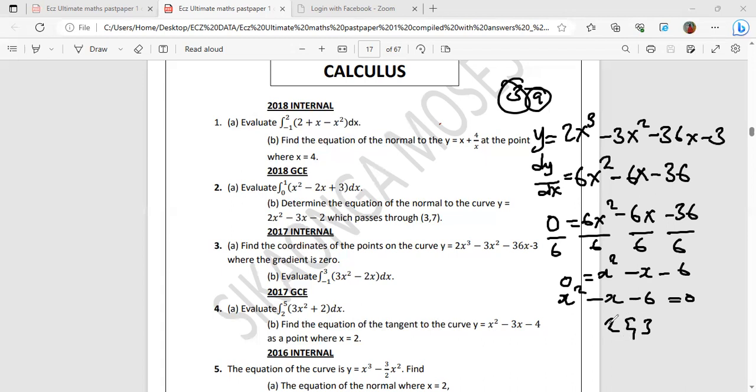If I put a negative on the 2, I'm going to get negative 2 plus 3, a positive answer. But when I say positive 2 minus 3, I'm going to get a negative answer, which is what I'm interested in. So I'm going to put a negative on the 3.